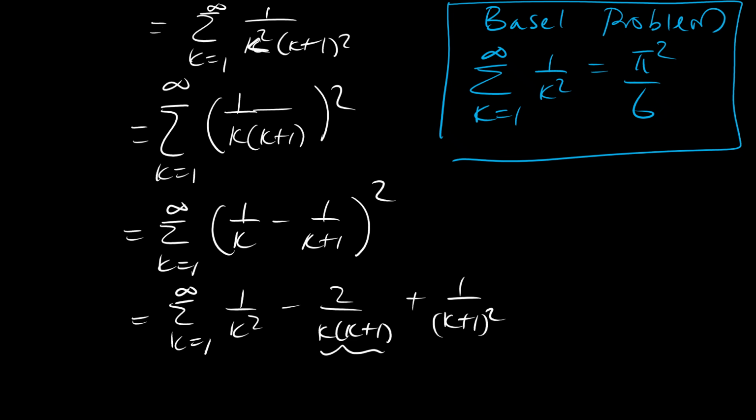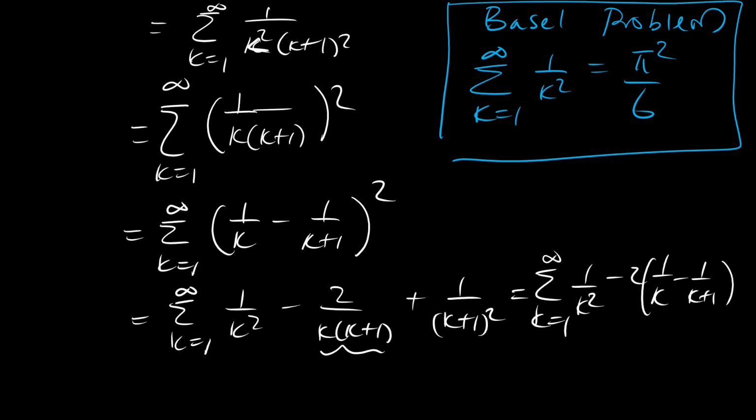Now we can split this out further, and that means that we have 1 over k squared minus 2 times 1 over k minus 1 over k plus 1, plus 1 over k plus 1 squared.